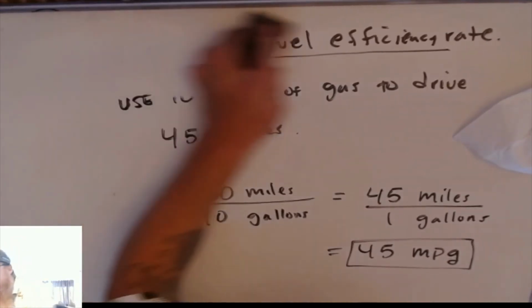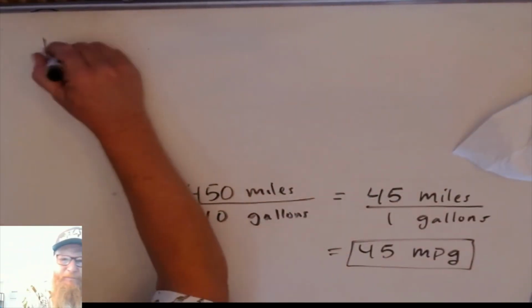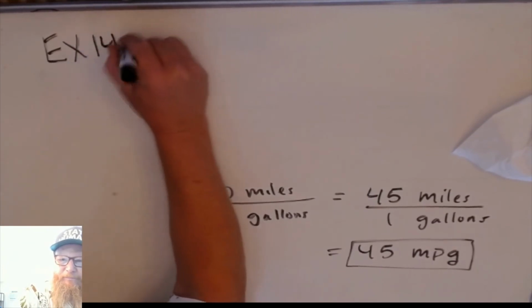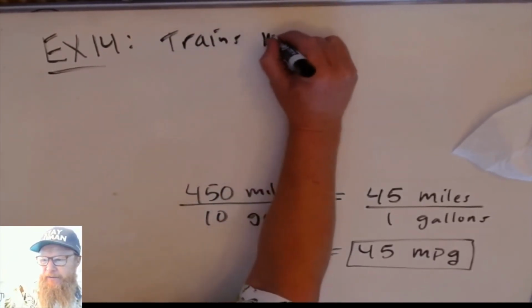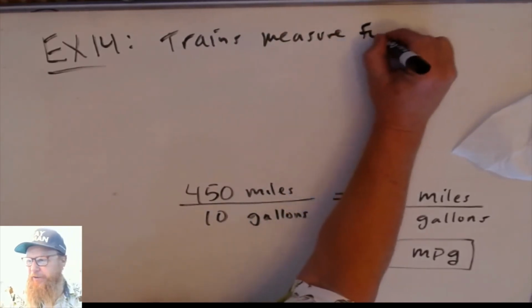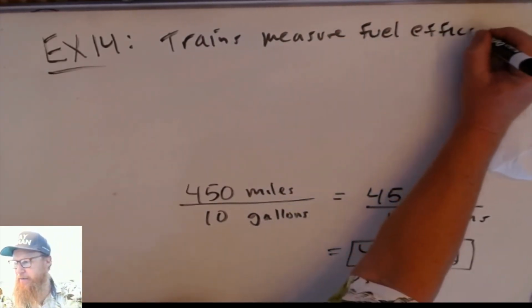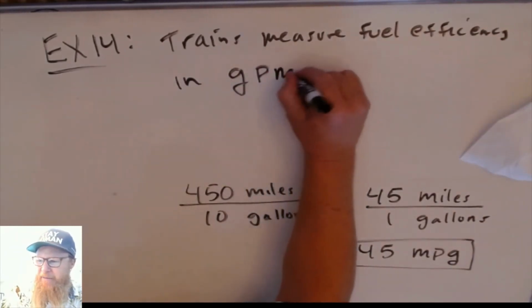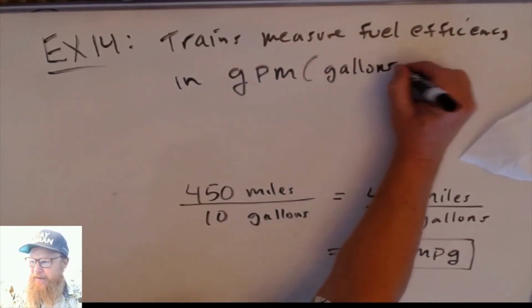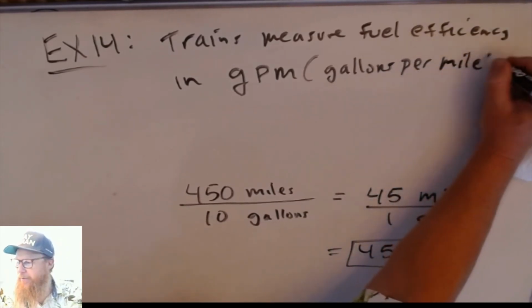Interesting fun fact. Trains measure fuel efficiency in GPM, gallons per mile.